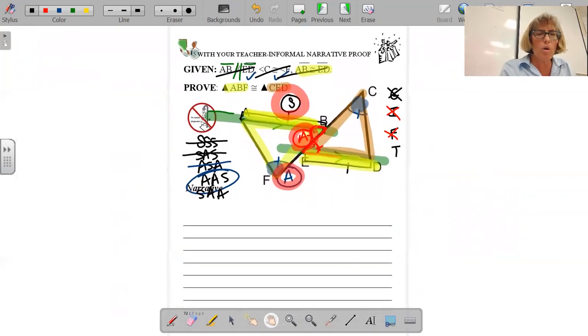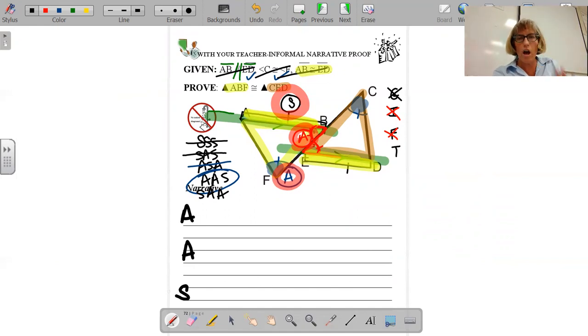So I'm going to go here and I'm going to follow this order, angle, angle, side. I'm going to roughly follow that order. You guys ready? I'm going to give you an example here.